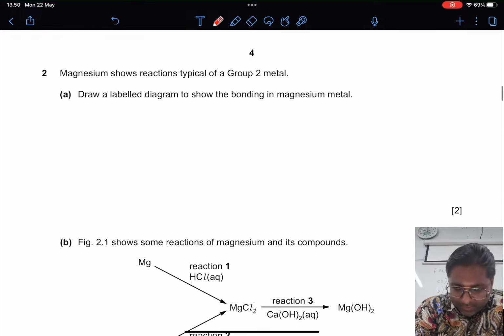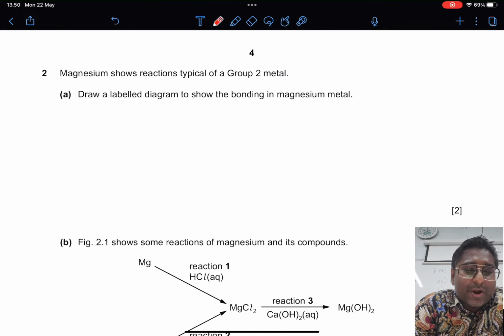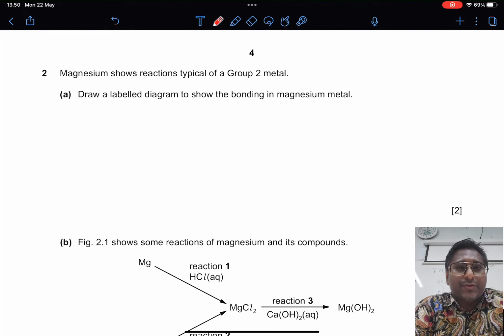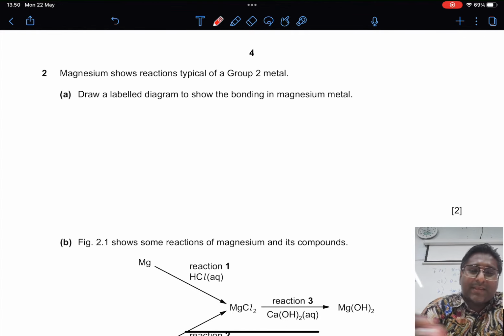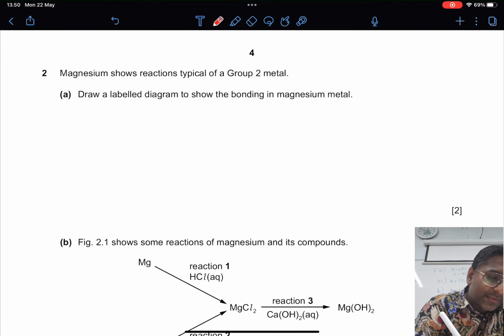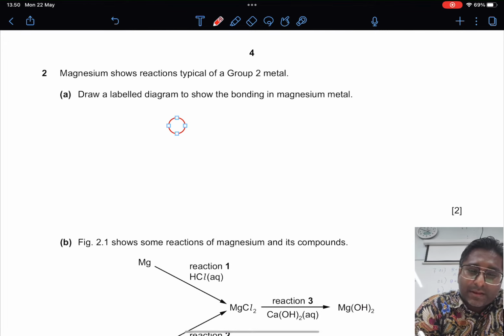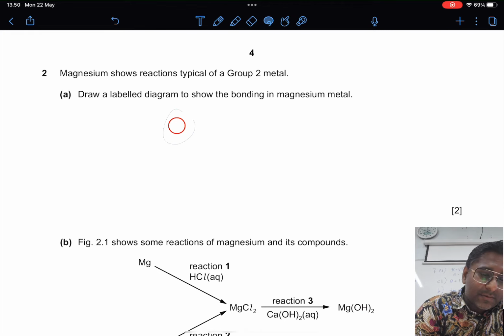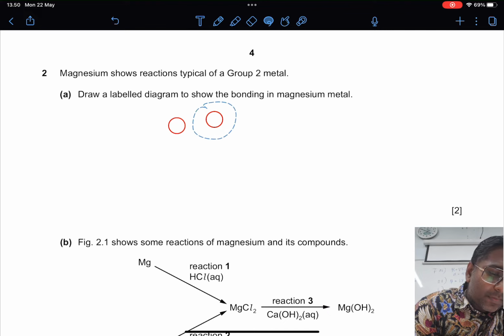Question number 2. Now magnesium shows reactions typical of a group 2 metal. Draw a labelled diagram to show the bonding in magnesium metal. So magnesium is a metal, so we need to draw the cations. Okay, that's very important. So you just draw like this. We can actually copy, paste.